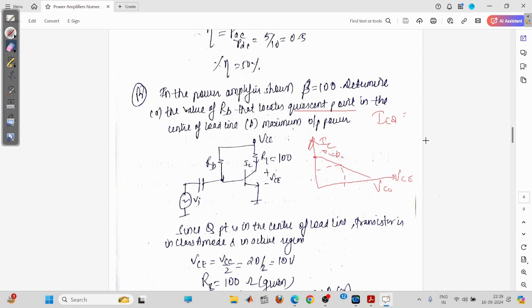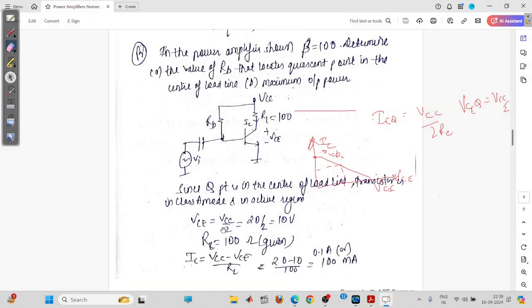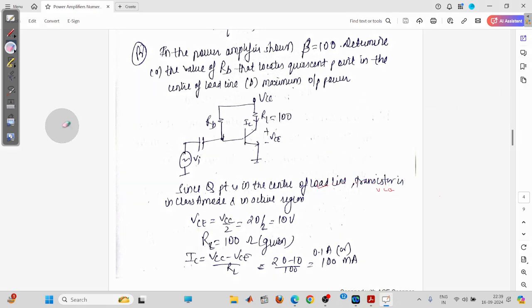The quiescent point is at the center of the load line, so ICQ will be VCC upon twice RC, and VCEQ, sorry, precisely I will have to write, this is VCC upon 2 only. So you can see here it is evaluated. VCE will be equal to half of VCC. So what is the VCC value? I think it is given or not? Yeah, it is given.